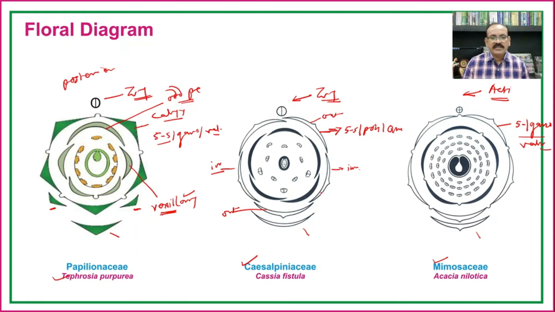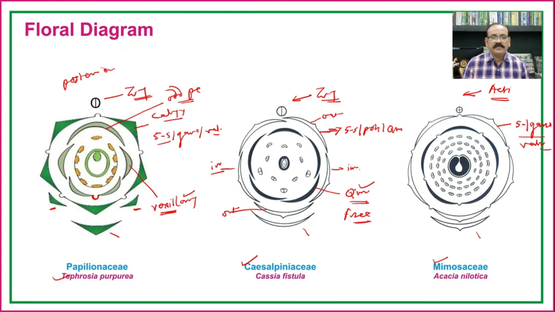In the family Caesalpinaceae, the arrangement of the petals is again in a quincuncial condition. Here in the family Papilionaceae two petals are fused, but in the Caesalpinaceae all the petals are free.